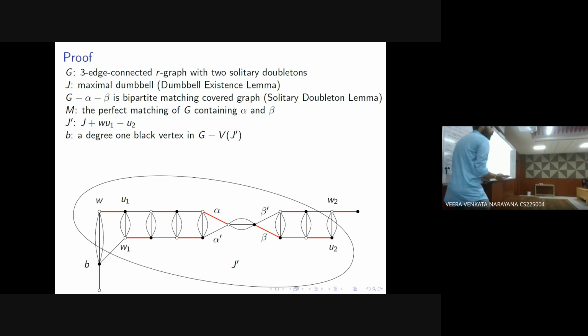So are we done now? Is there any contradiction here? Recall that our J is a maximal dumbbell. Now, can we contradict the maximality? Yes, we can. Take this. This contradicts maximality.